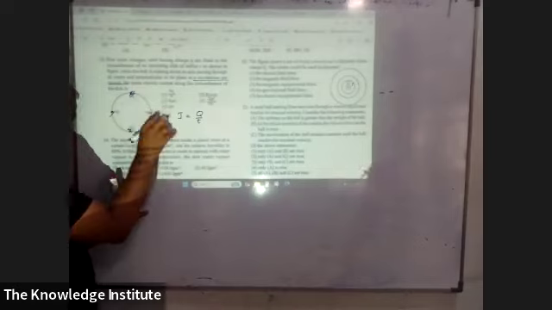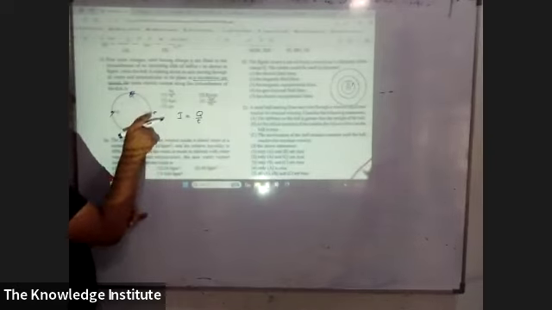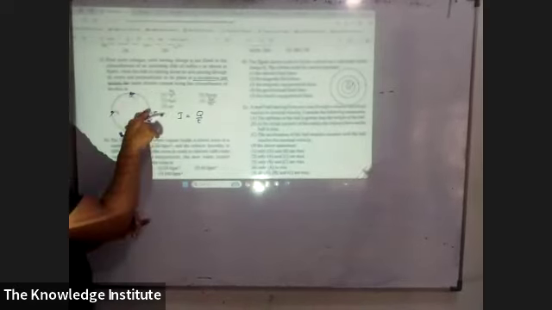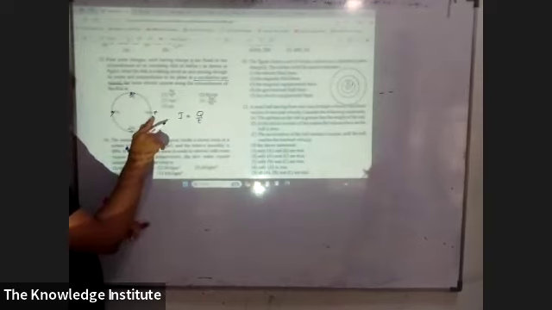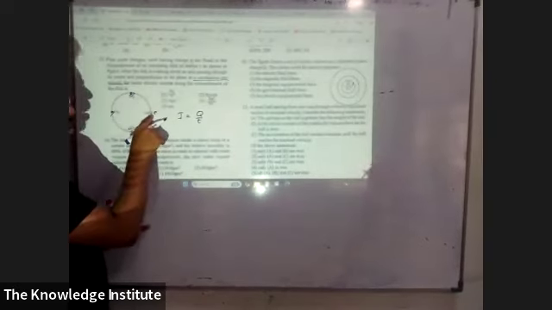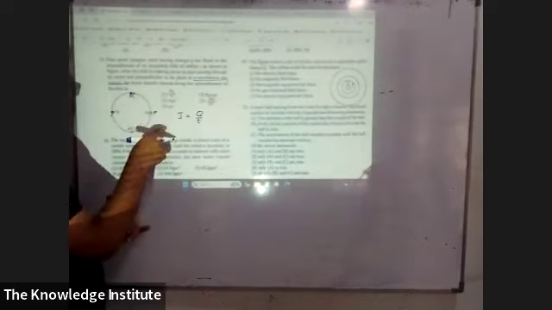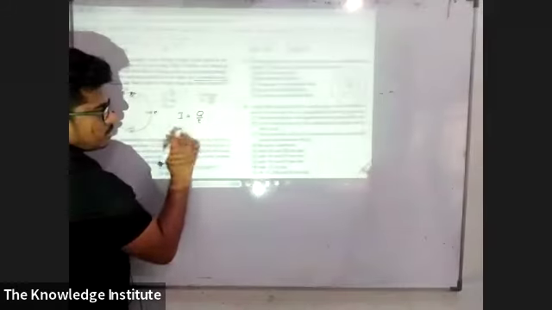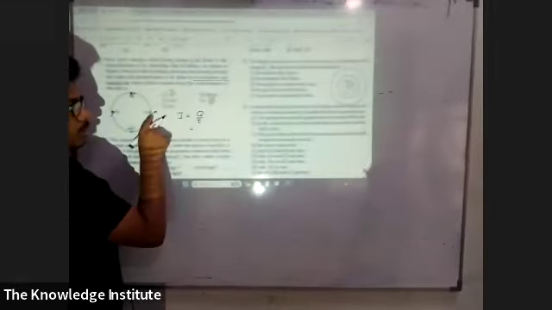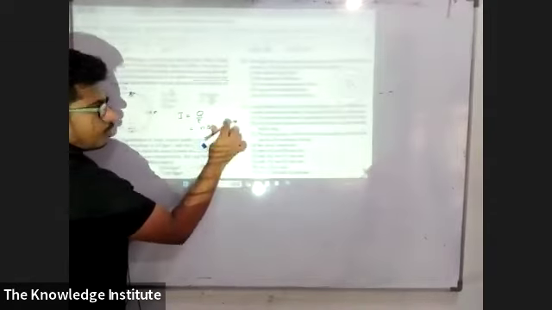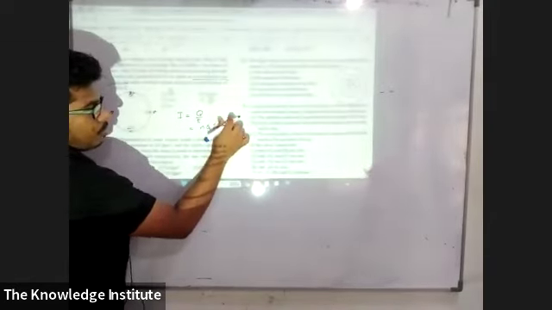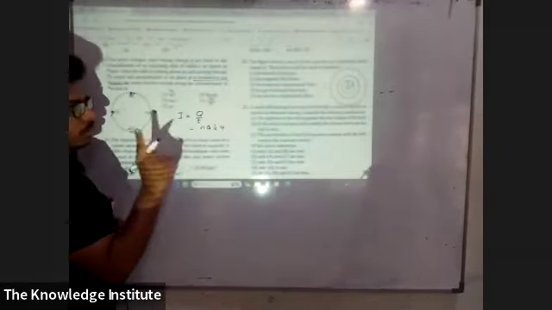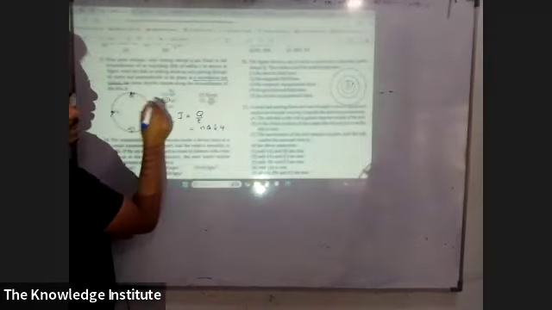If you take this point, let's say P, this charge will pass this point n times per second. Since we have 4 charges, it will be 4 times. So the total charge will be nQ into 4 in 1 second. So the answer is 4Qn. Third one.